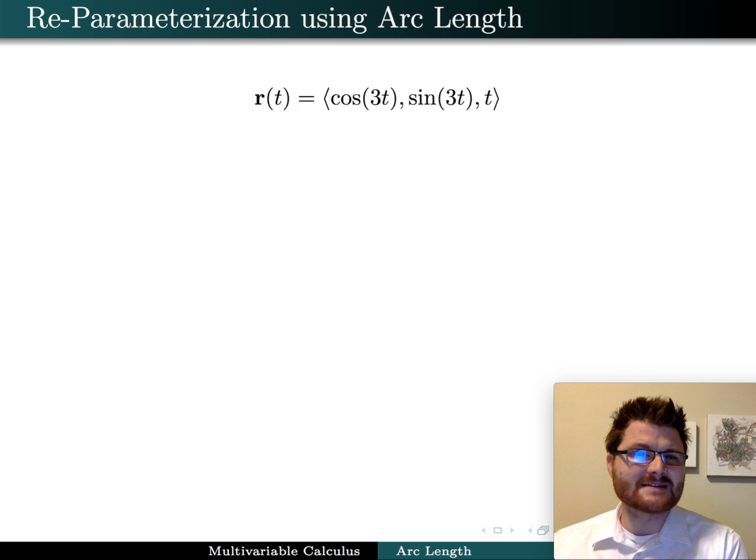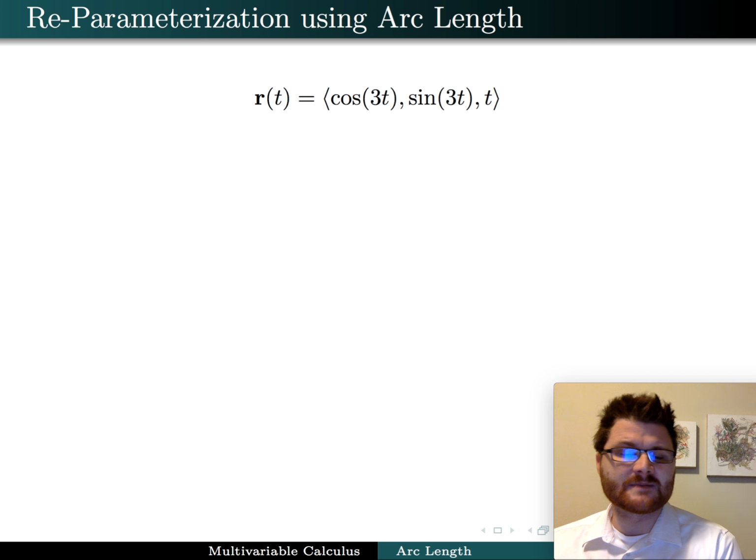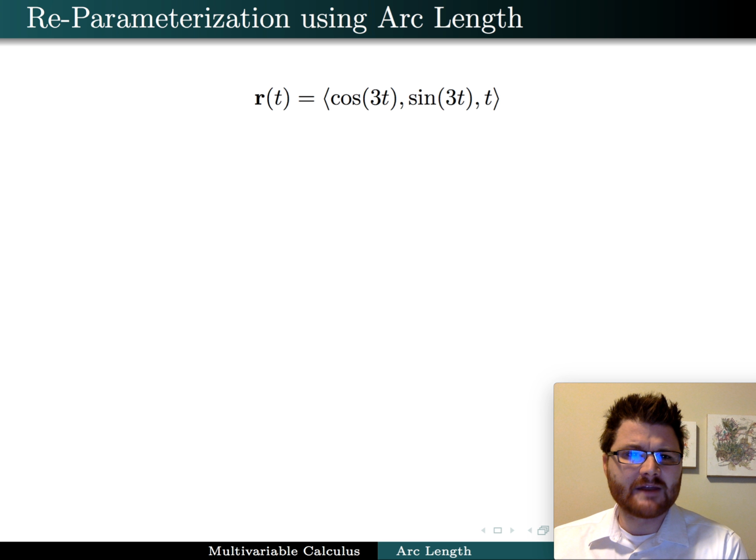I'd like to take this example a little bit further and show one more thing that we can sometimes do, and that is if I take this vector valued function and consider the path that it's tracing out, we can make that arc length function by integrating from some constant to t.